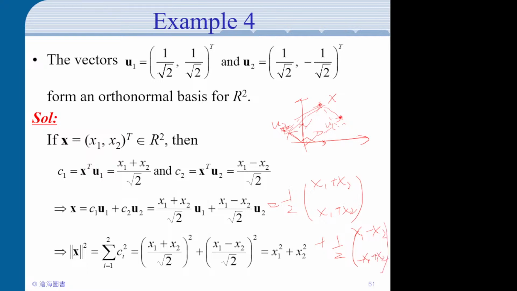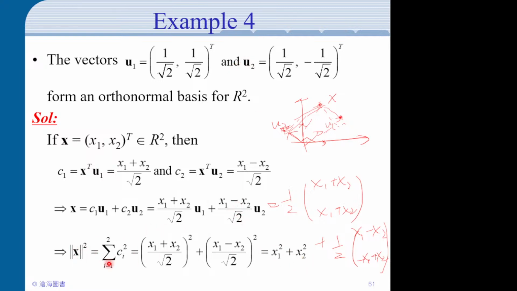And you add those together, and you find the first coordinate goes back to x1 and the second coordinate goes back to x2. Okay, so that's x, and that's the coefficient in u1 and u2.